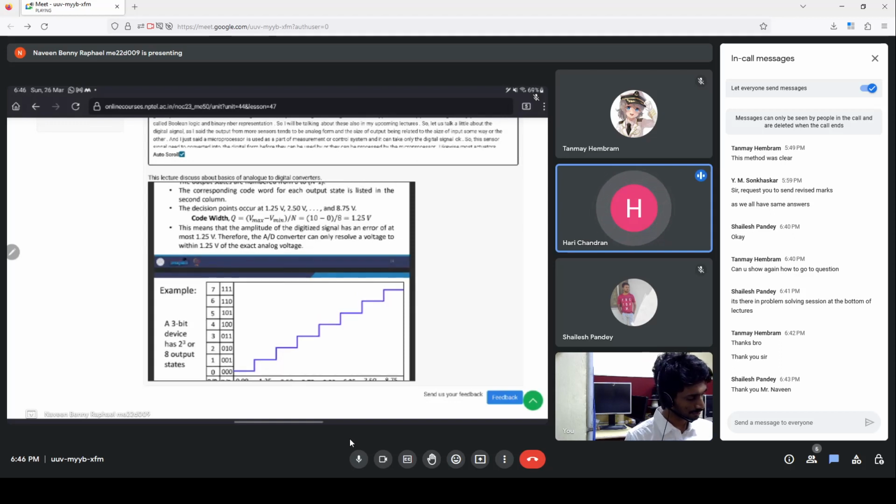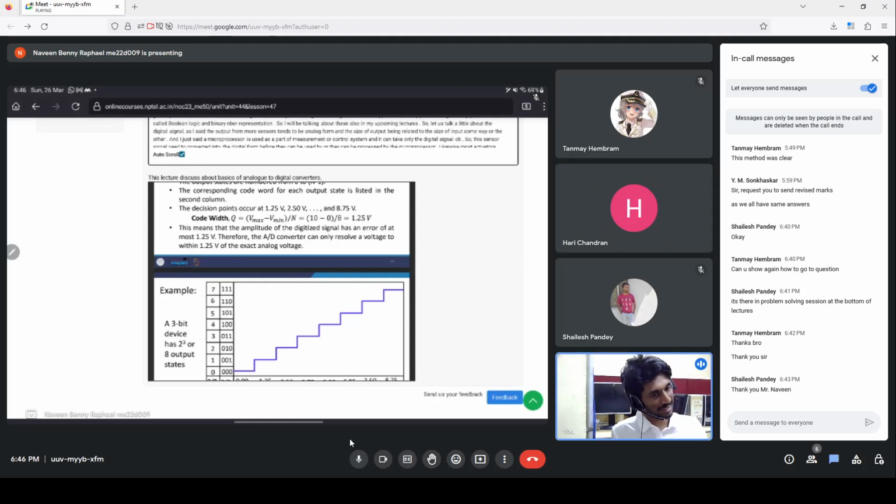It should be divided by 7 only. Wait, give me a second. Let me think about your query. Because 0 is one of the digits, the other 7 digits we need to store. The last digit will be 10, correct?